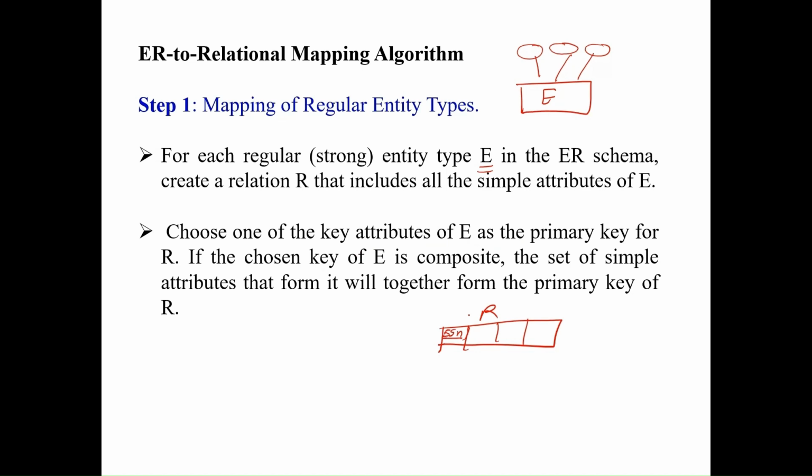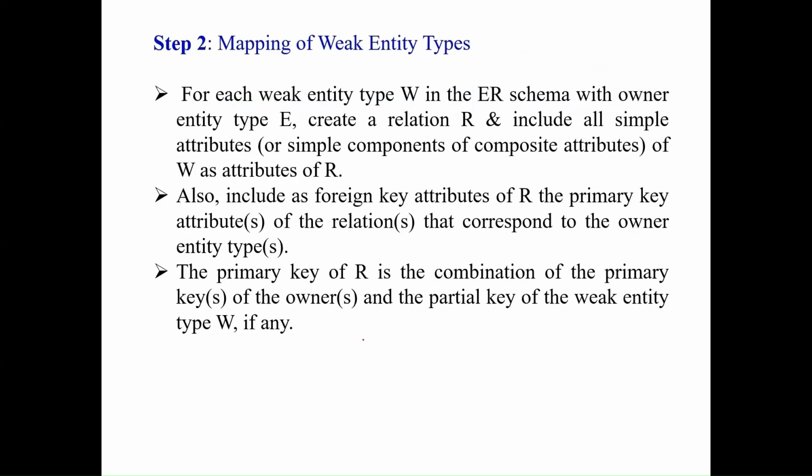Or if the chosen key of E is composite, the set of simple attributes that form it will together form the primary key. It's not that only one attribute can be a primary key; together they can become the primary key of any table. For example, employee SSN and project number together can form a primary key of a table or relation.